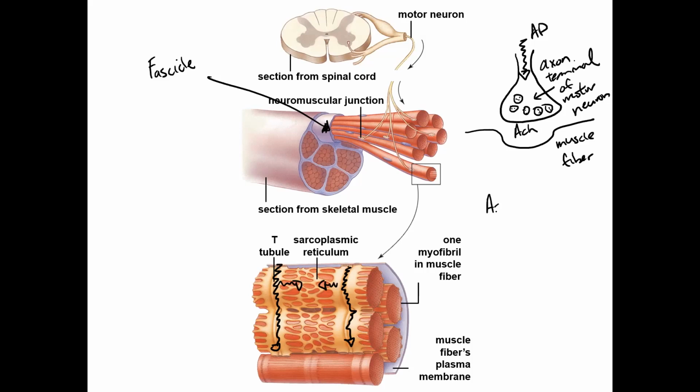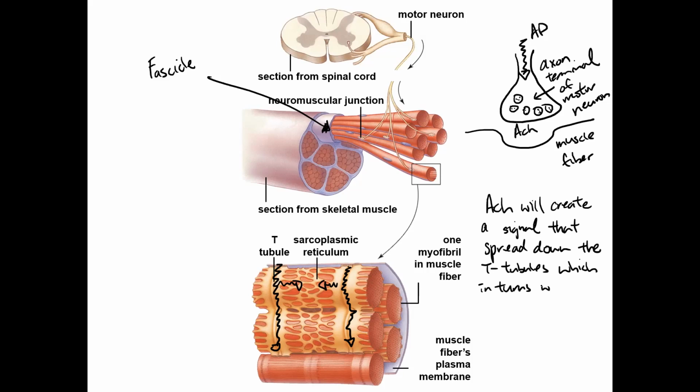So ACh will create, we'll just say, a signal that spreads down the T tubules, which in turn will cause calcium to be released from the sarcoplasmic reticulum.